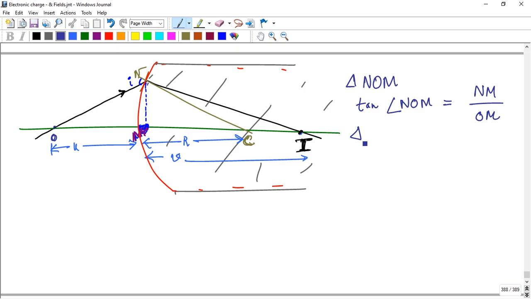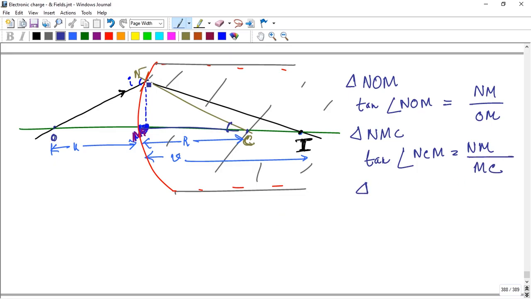And another triangle, NMC: tan of angle NCM is the perpendicular NM by the base MC.